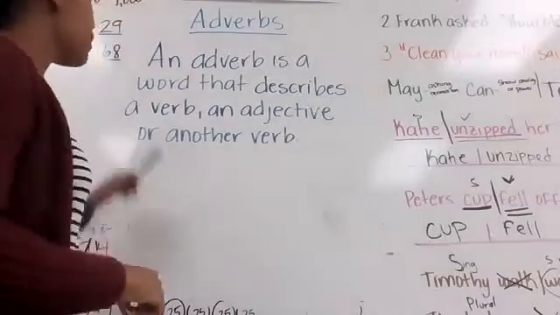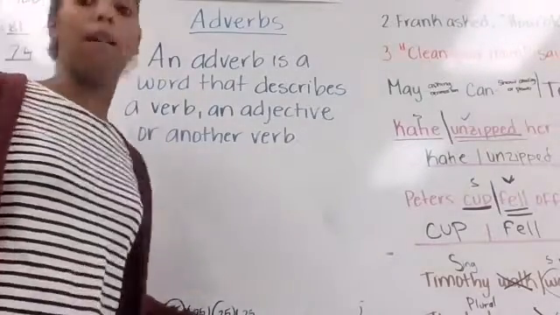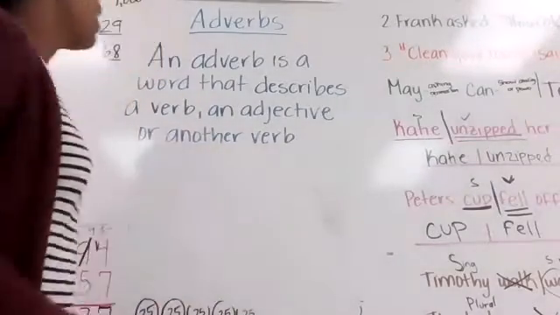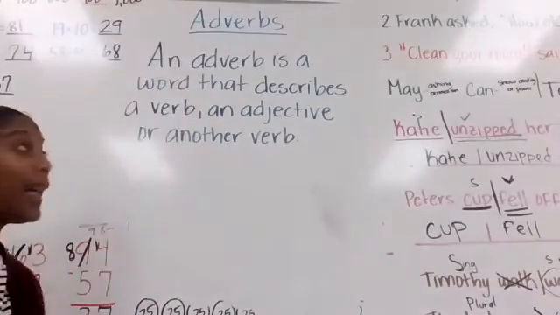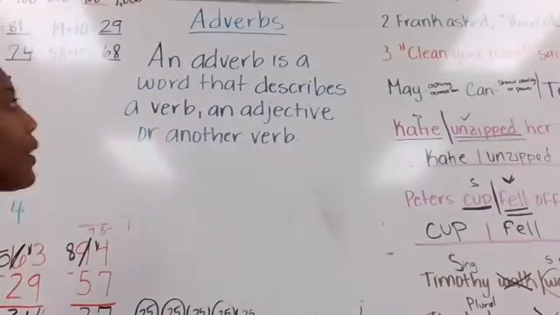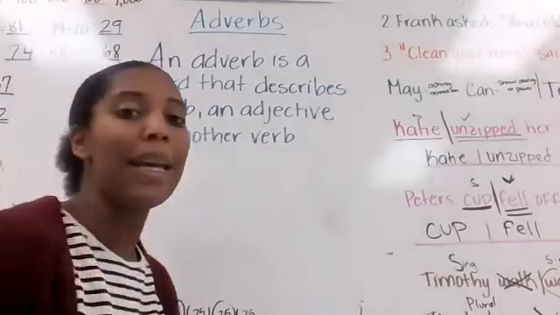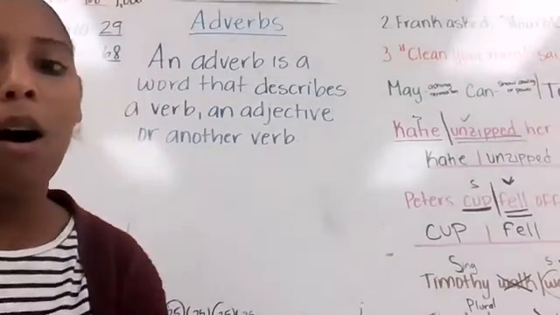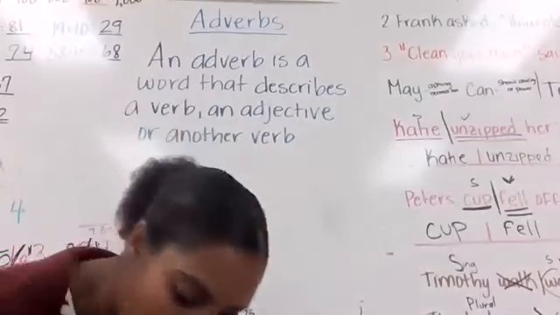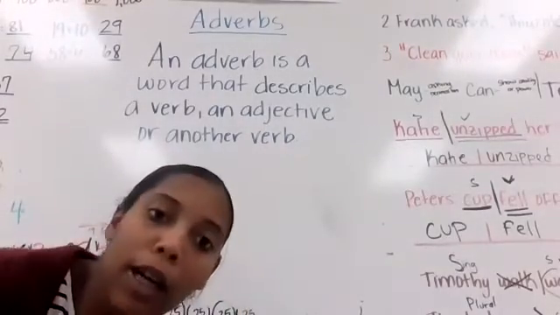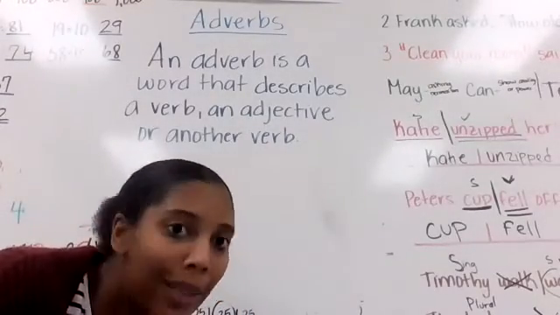An adverb is a word that describes a verb, an adjective, or another adverb. Again, an adverb is a word that describes a verb, an adjective, or another adverb. One more time.